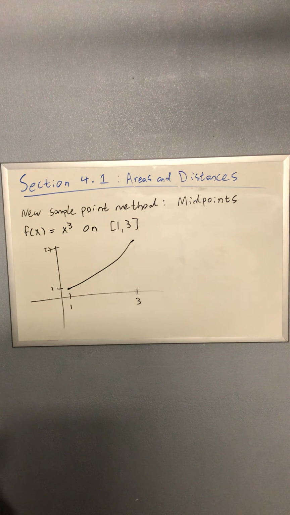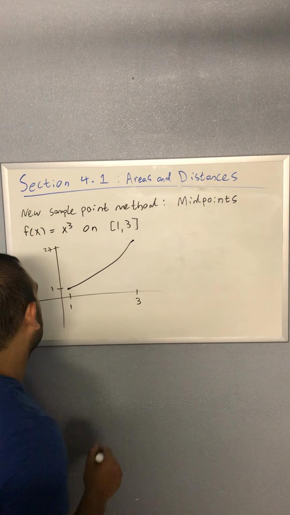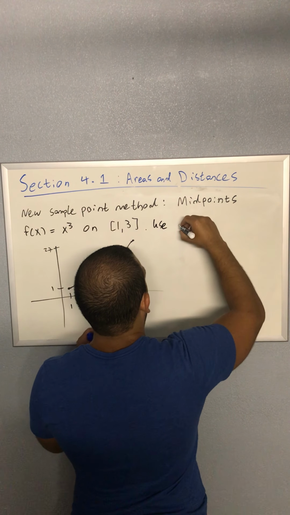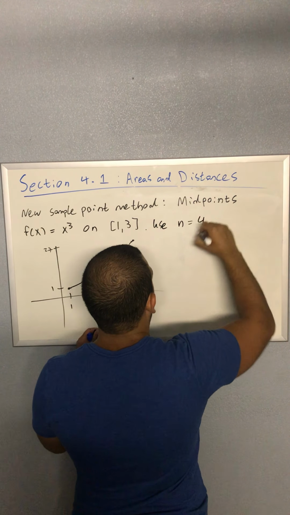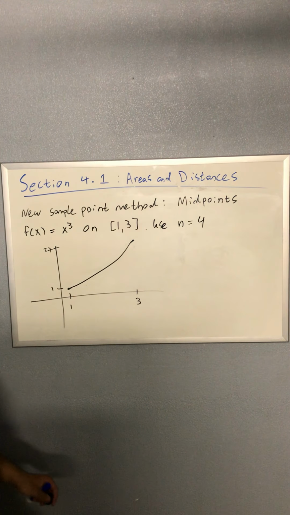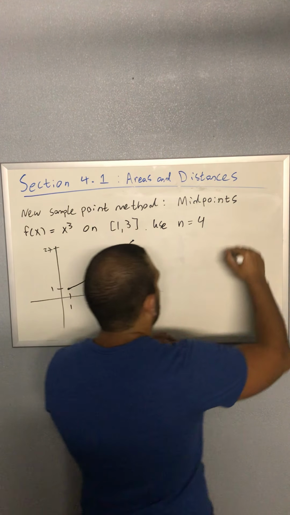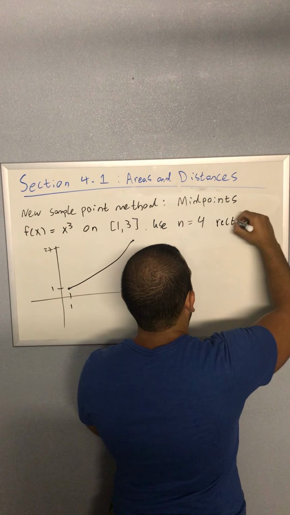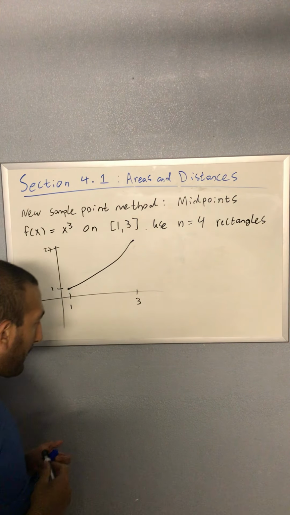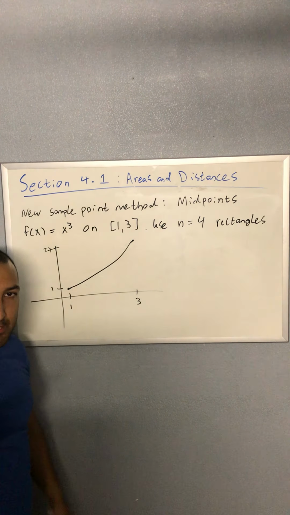Then we're going to stick with the 4 sample points, so we're going to use 4 rectangles. So n equals 4 rectangles. How do we figure out what delta x is?